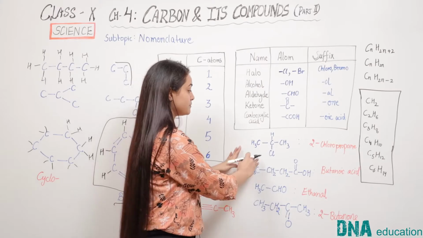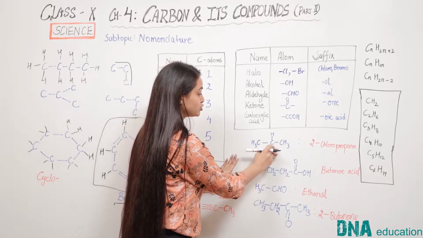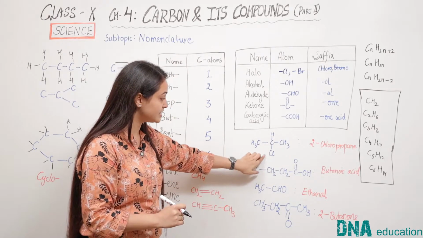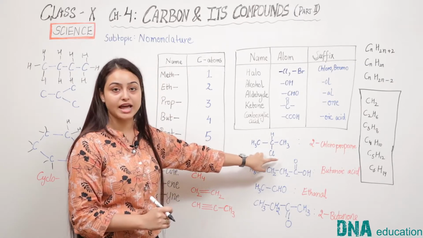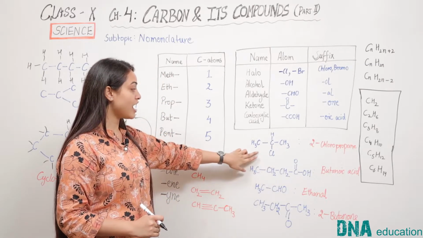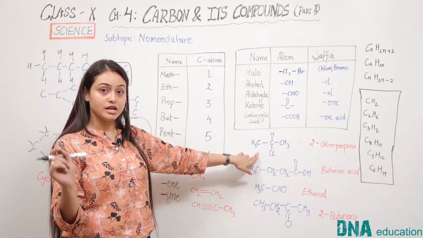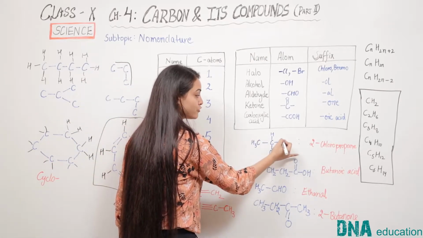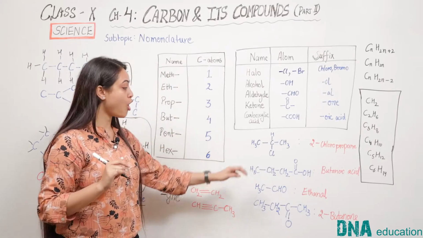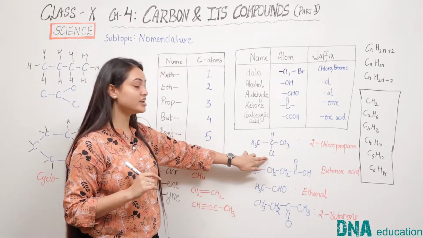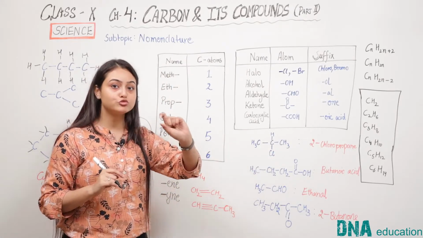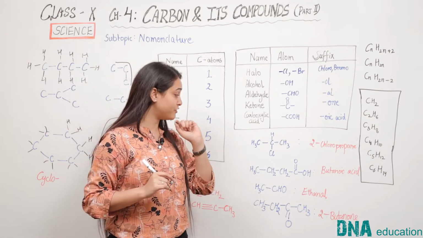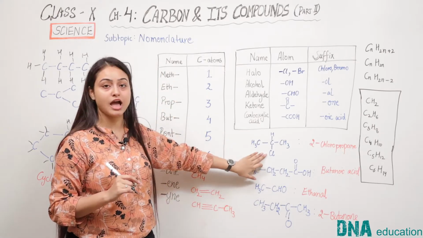First is this. Now we have 1, 2 and 3 carbon atoms and we see that there is one chlorine atom attached here. First of all, we have to number the carbon atoms. The numbering of carbon atoms can be started from here or from here. It depends on where this additional atom is placed. We have to start the numbering from the end closest to this atom.